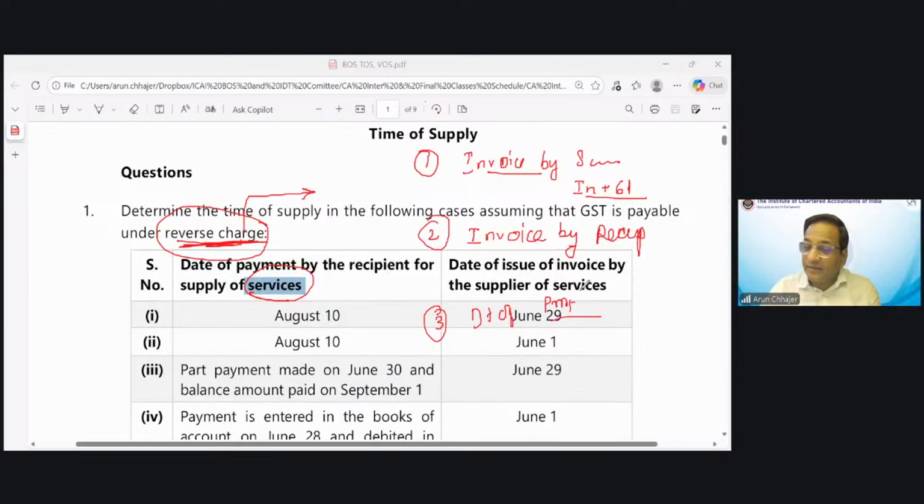Correct. Now this part is newly inserted. You remember earlier there was no concept of whether the invoice is required to be issued by the supplier or by the recipient. This concept is recently introduced; we will talk about it later.